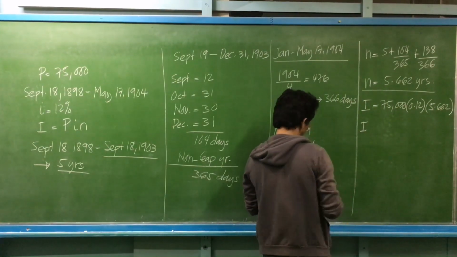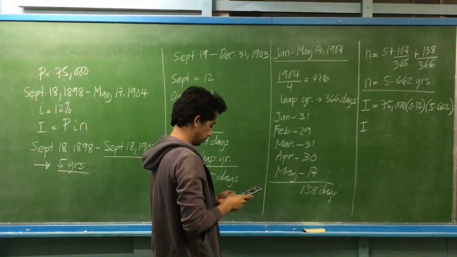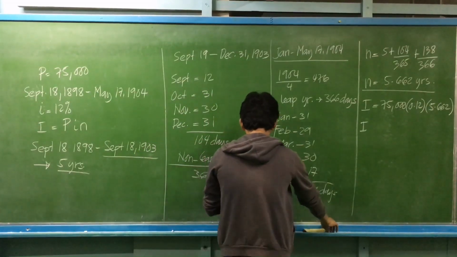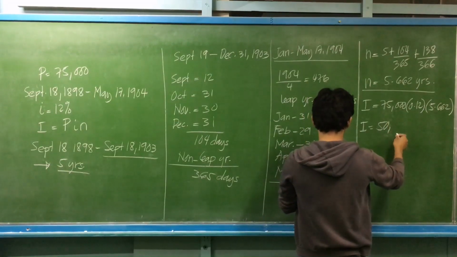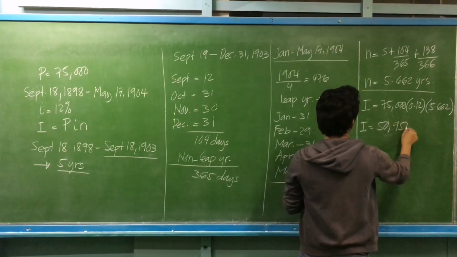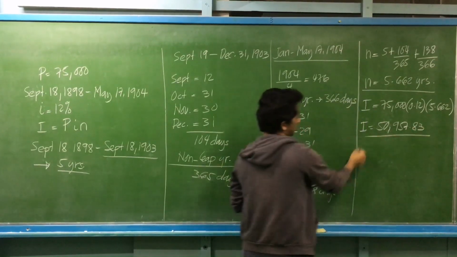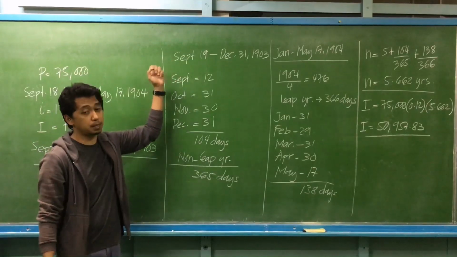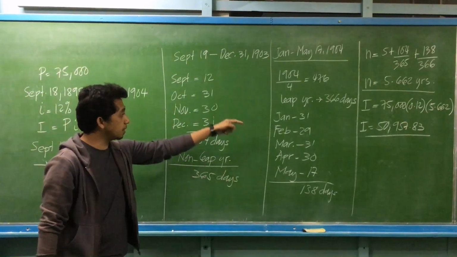So the interest will be equal to 50,957.83. So that will be the interest. So exact simple interest kapag may mga specific dates. Observe, non-leap year and the leap year.